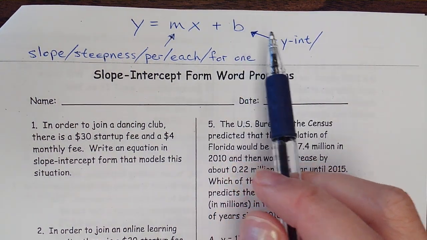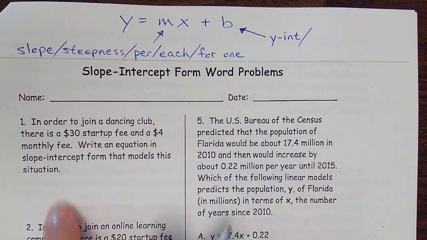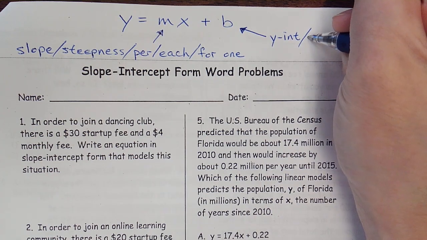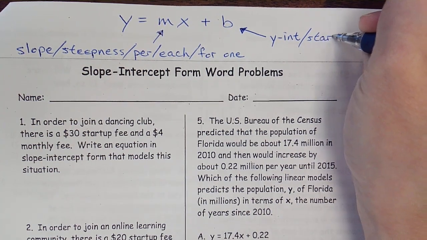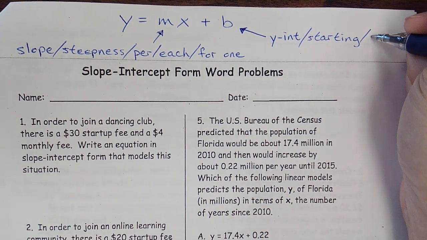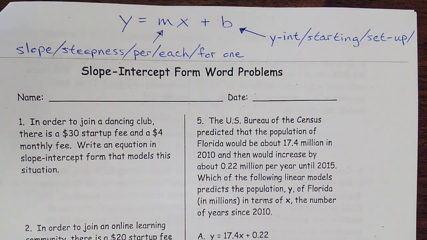Okay, so b, as Jaden said, it's your y-intercept. In word problems, we want to pick up keywords like the starting value. Your y-intercept is like your starting, your setup fee.